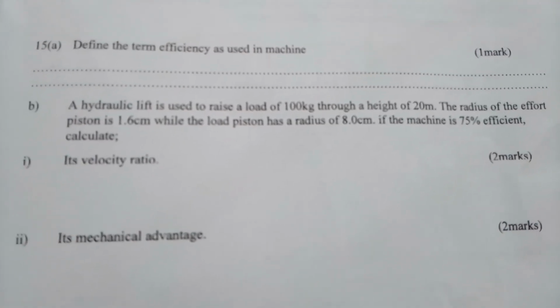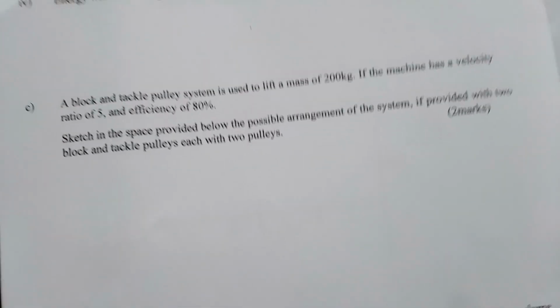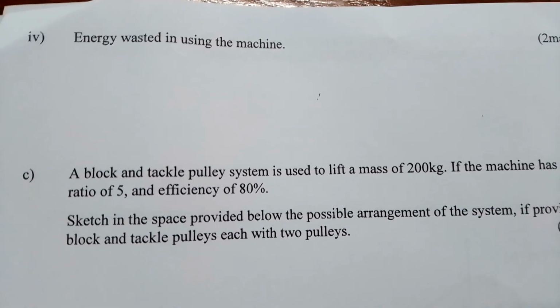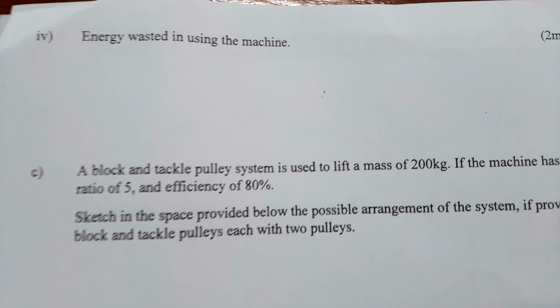Calculate its velocity ratio, 2 marks, then mechanical advantage, 2 marks. Then Roman 5, energy wasted in using the machine, 2 marks.